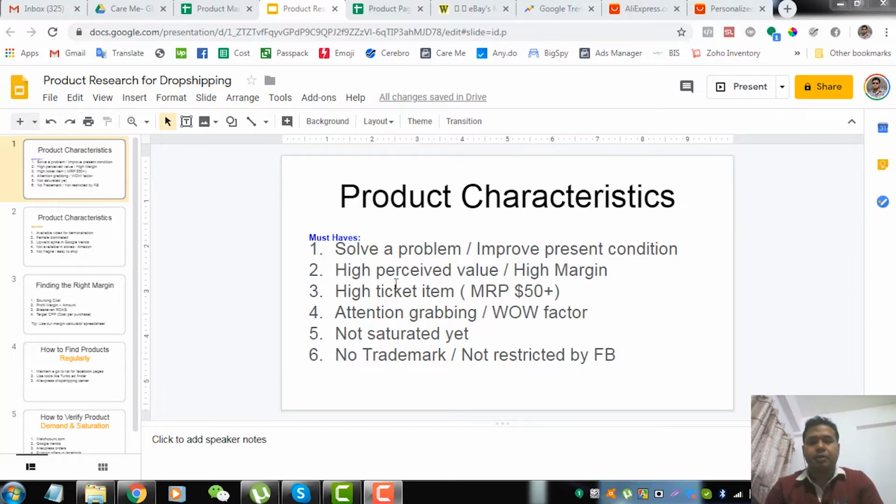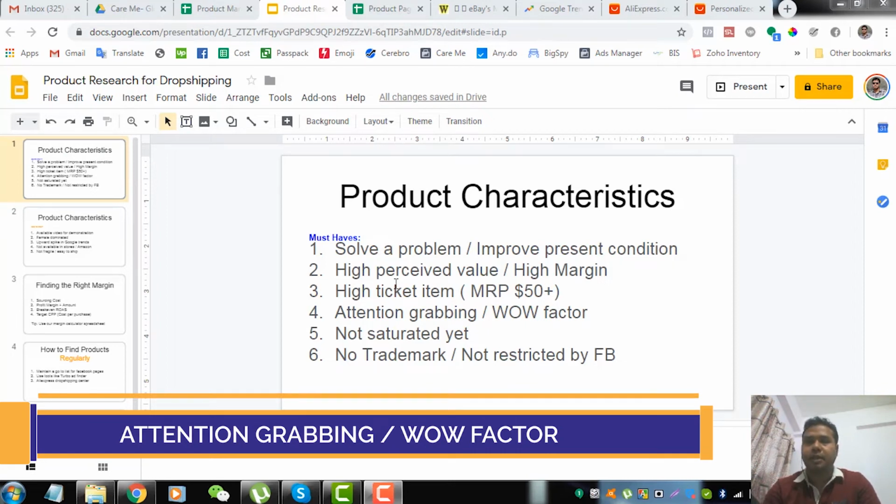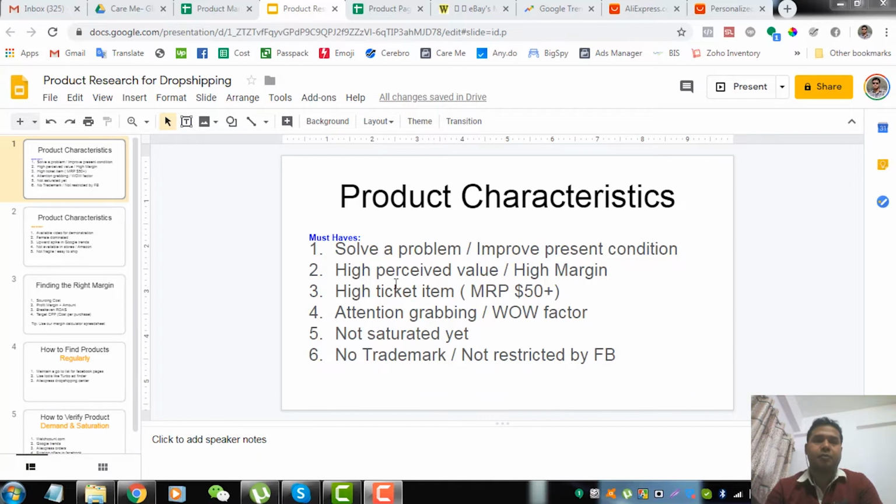Now the third and fourth are attention grabbing and wow factor. Like I said, the solution should be attention grabbing and big enough. Like winter shoes, everybody is aware of this solution, and there is nothing innovative in it. But the nursing pillow is an innovative solution, and whenever somebody sees that product ad in their newsfeed, they will be immediately amazed or attracted.